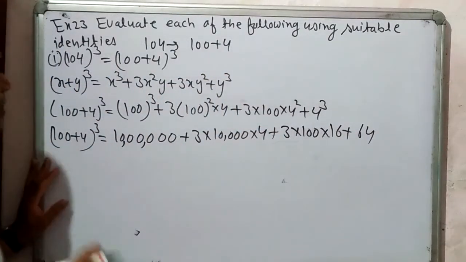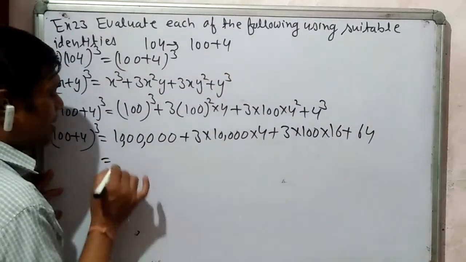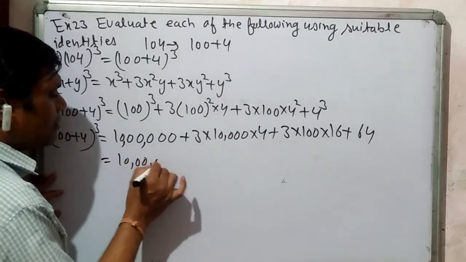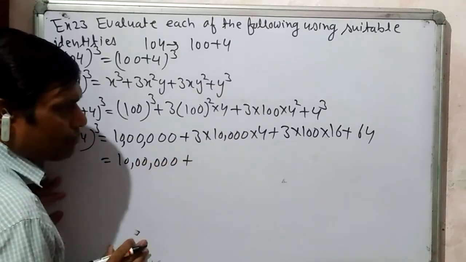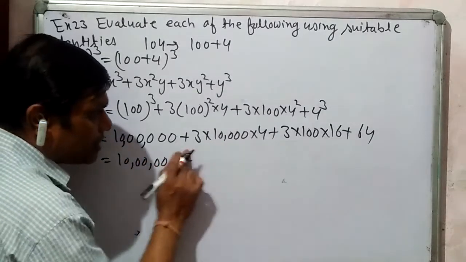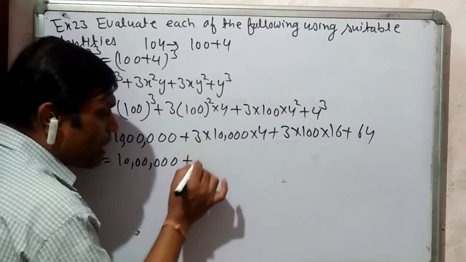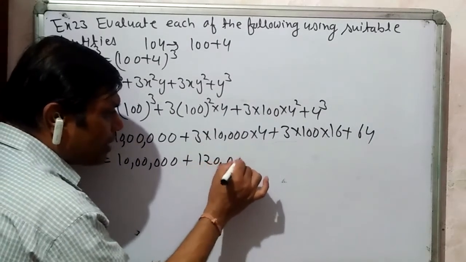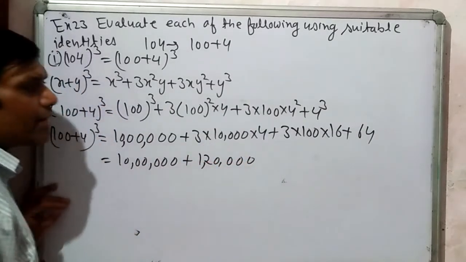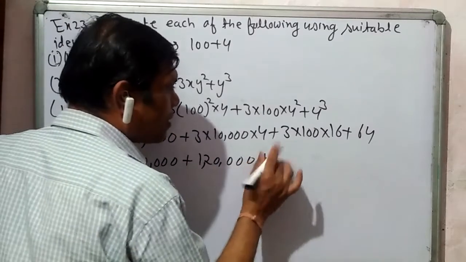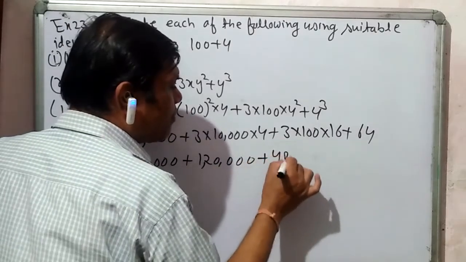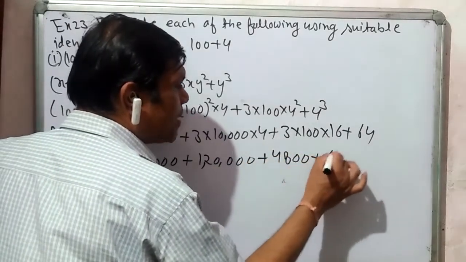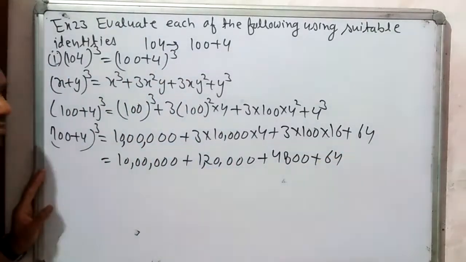Simple. Let us solve this out. Multiply them. That should be 6 zeros. 3 into 4 is 12, 12 into 10 is 120, that is 1,20,000. 3 into 16 is 48 and 2 zeros, plus 64.